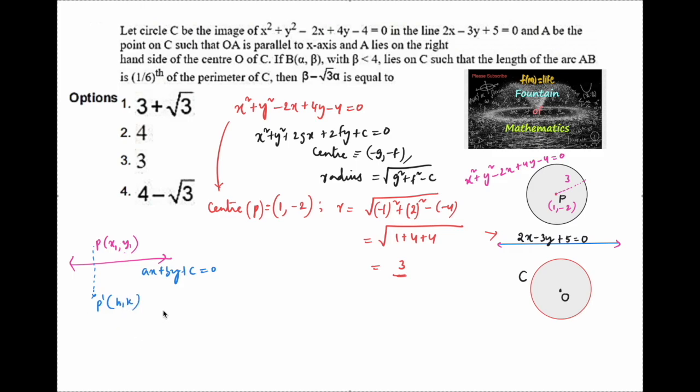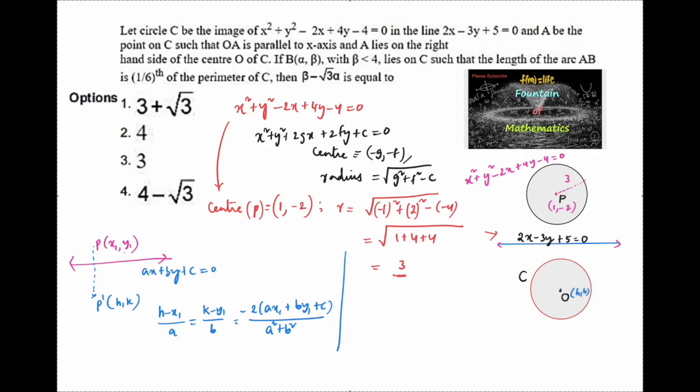So we have the relation h minus x1 upon a is equal to k minus y1 upon b is equal to minus 2 times of ax1 plus by1 plus c upon a square plus b square. So let us apply the concept here. We need to find the image of the point 1 comma minus 2, say x1 y1, and say here the center, let us take it as h comma k.